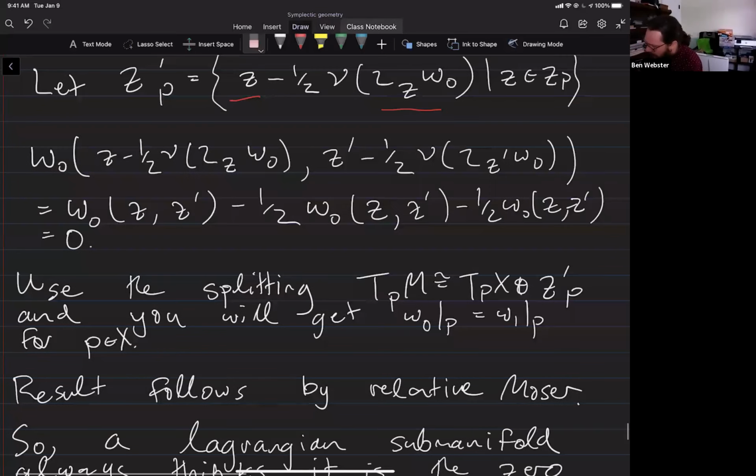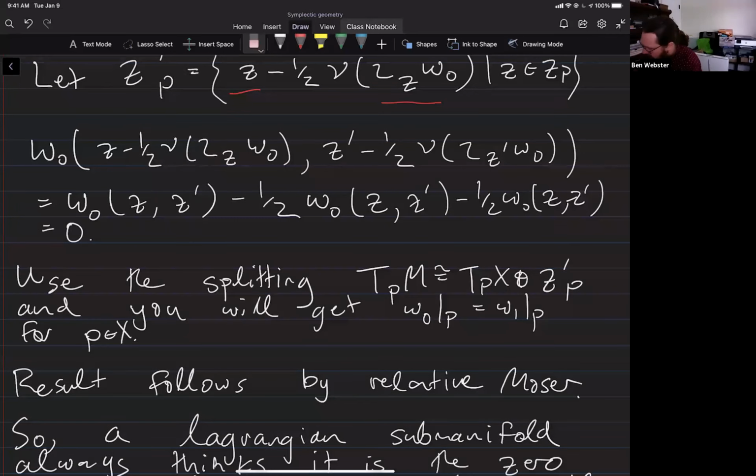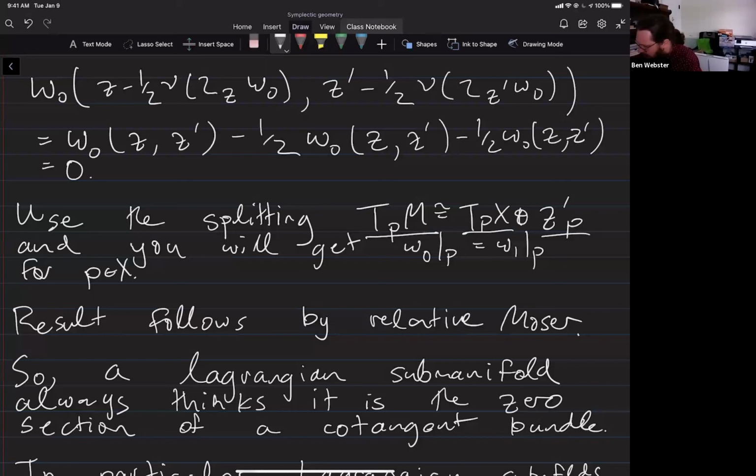So if I now use the splitting of the tangent space of M into the tangent space to X and this corrected Lagrangian complement, then I can construct one of these tubular neighborhood diffeomorphisms, which respects the symplectic form at points actually in X. So I'll get that for p in X, the original symplectic form agrees with this pullback one.